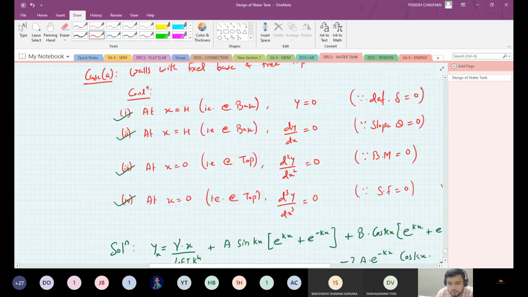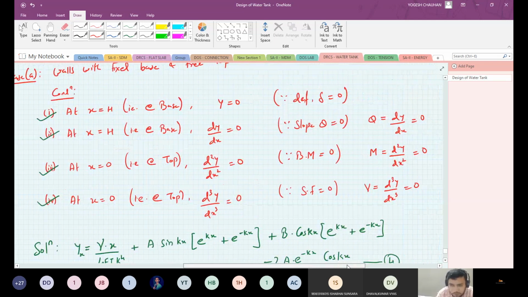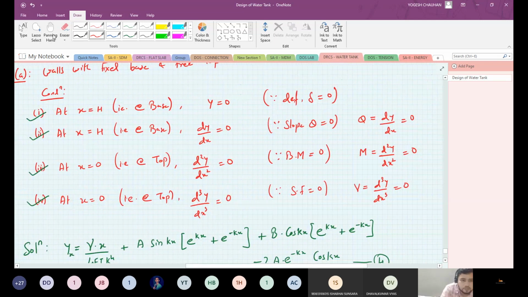So the conditions are the same except for one condition.